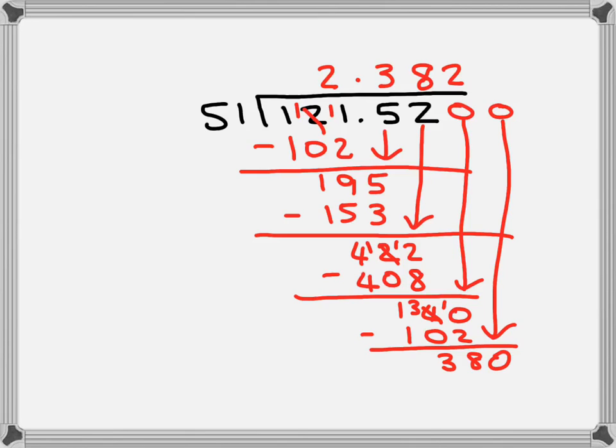51 into 380. You can estimate probably 7 times. 7 times 1 is 7, and 7 times 5 is 35. This is our last round. So we're going to minus now. 10 minus 7 is 3. 7 minus 5 is 2. Okay, so we'll stop it there. So our answer is 2.3827.